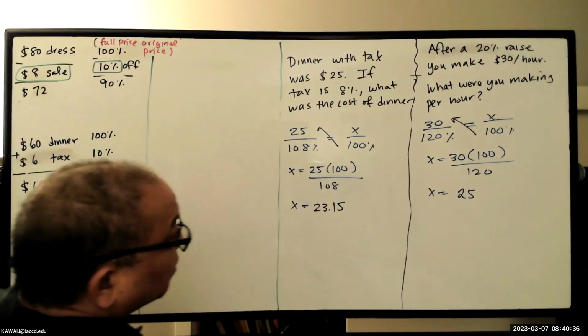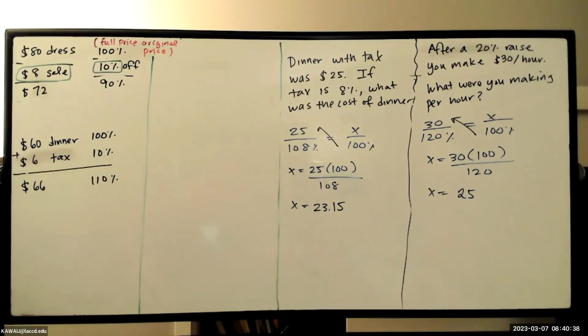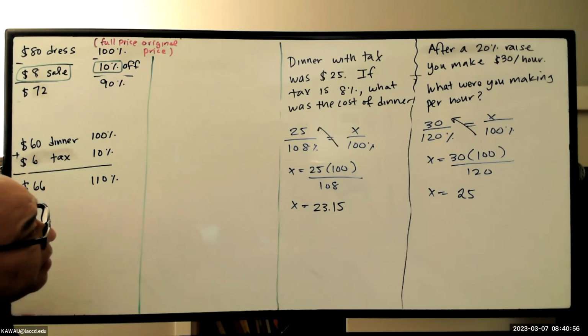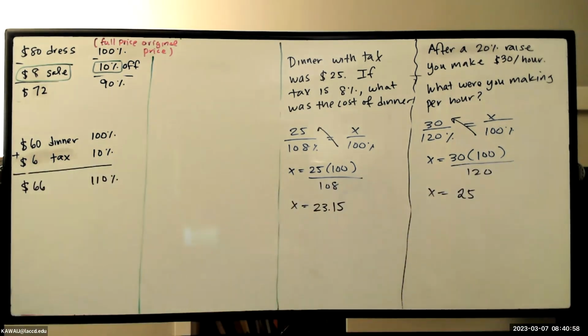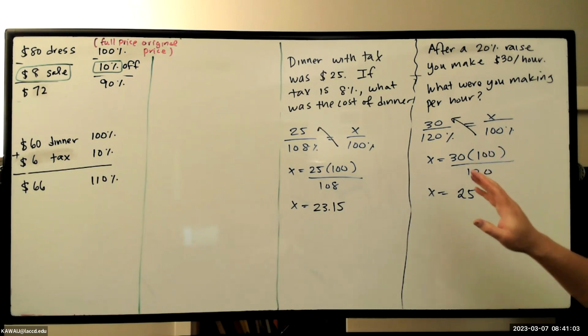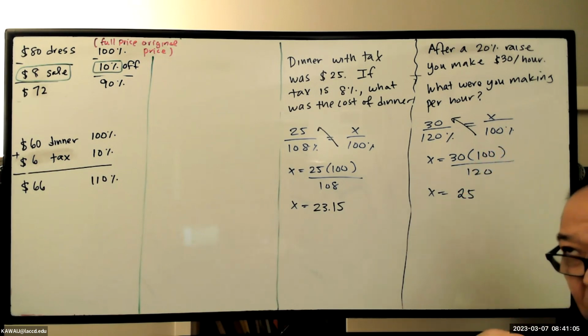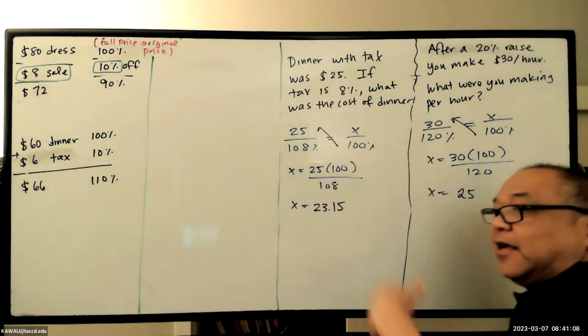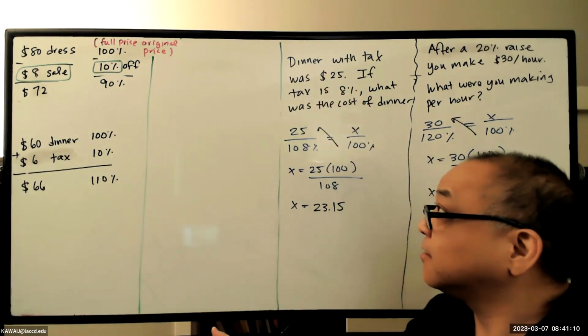Professor, just a quick question. Is there an easy way to recognize when you have to do 92 from 100 instead of 120 from this last problem? Good question. I think the main thing is whether something increases, like when you pay tax, it increases from the original price.